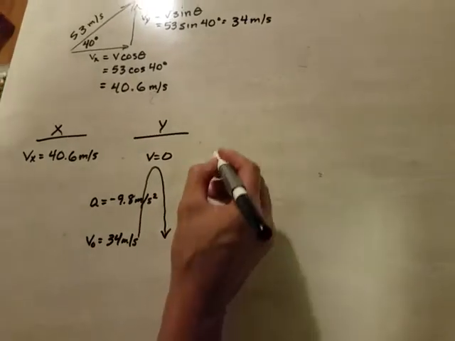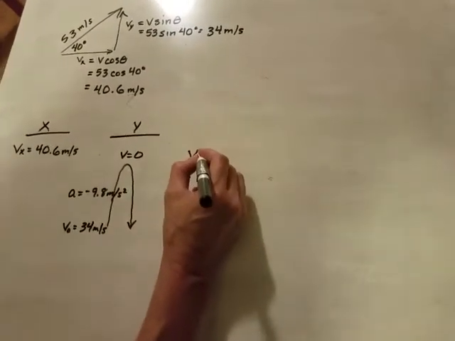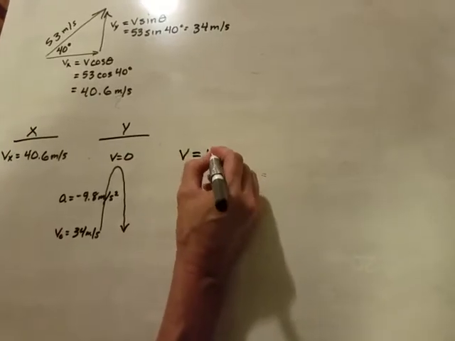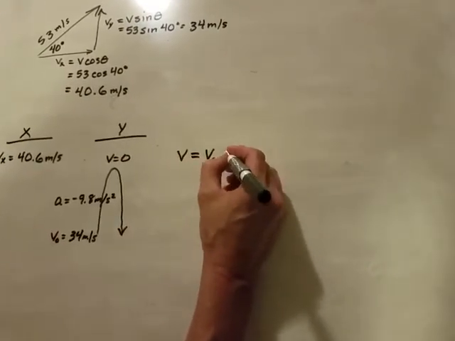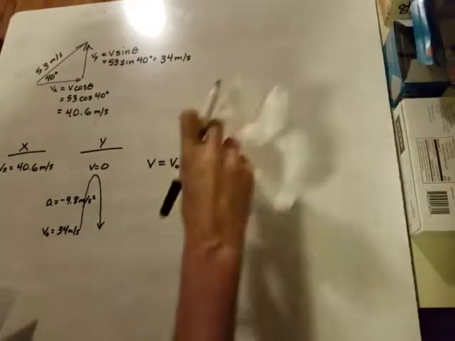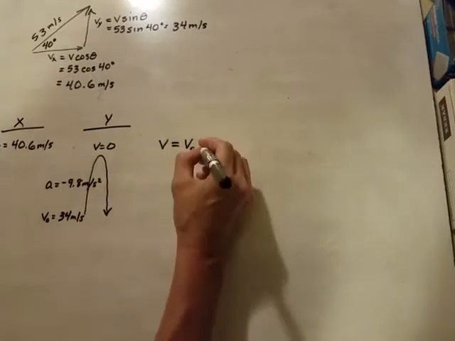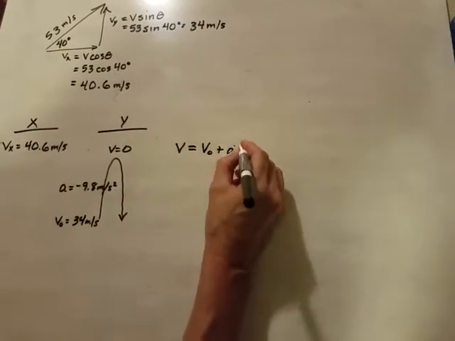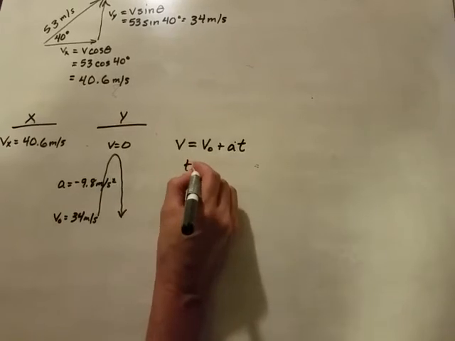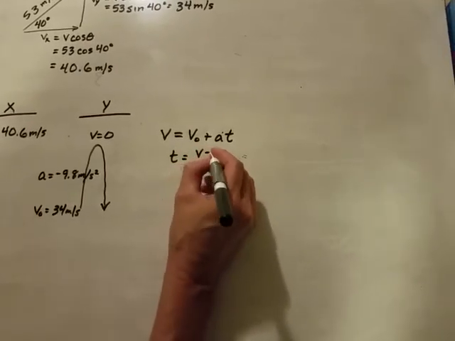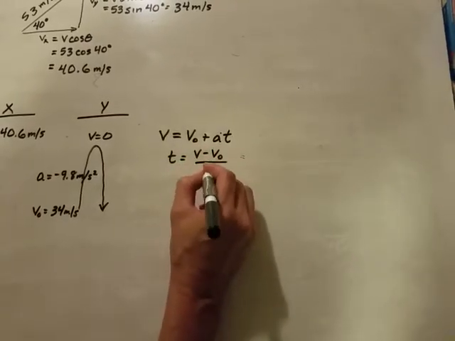That allows us to find the time that it's going up. We know that v is equal to v0 plus at. So rearranging that, t is equal to v minus v0 over a.